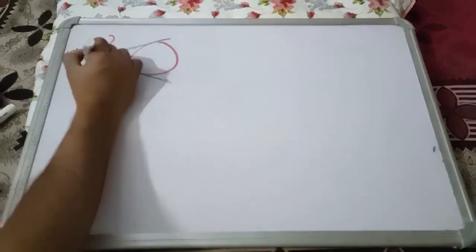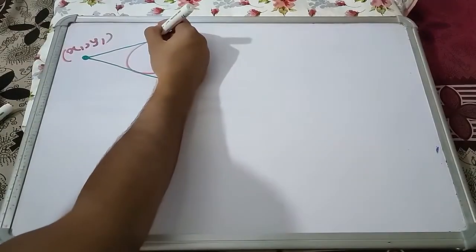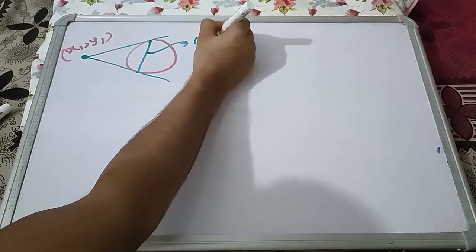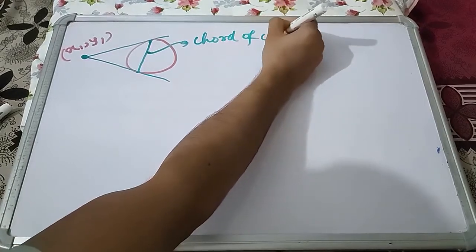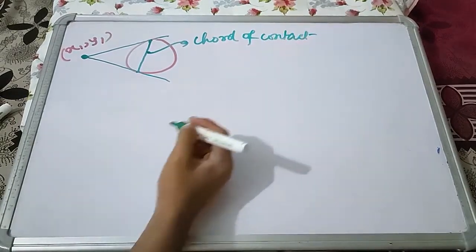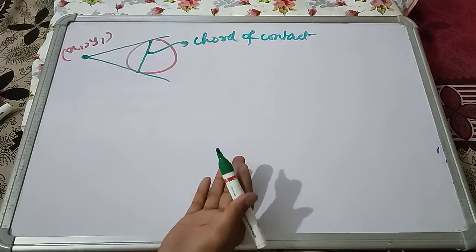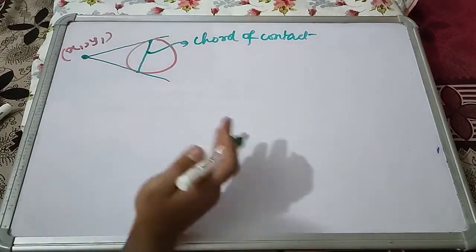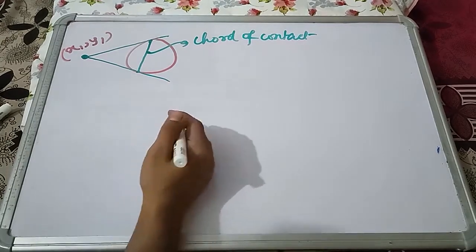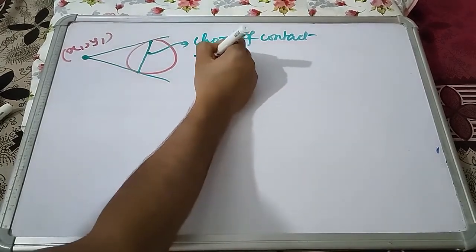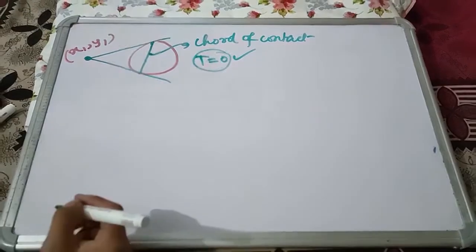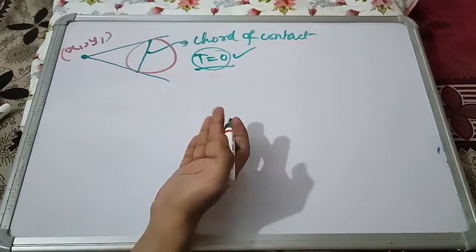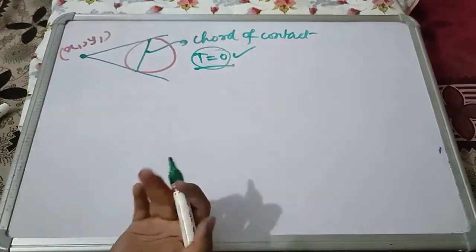We learned this earlier in our junior classes, and the chord which connects these two points of contact is known as the chord of contact. This you will learn in a separate video of circle, or you have probably already learned it, or if you are in class 11th you will learn it after the topic of tangent. This is another important topic, and its equation is also found by T equals 0. So T equals 0 gives us the chord of contact one time and the equation of the tangent another time. So much confusion, right?